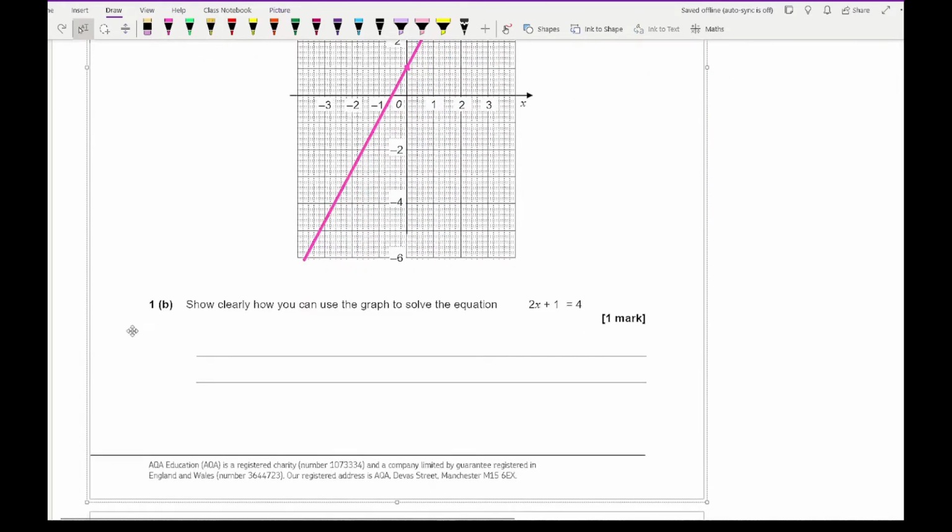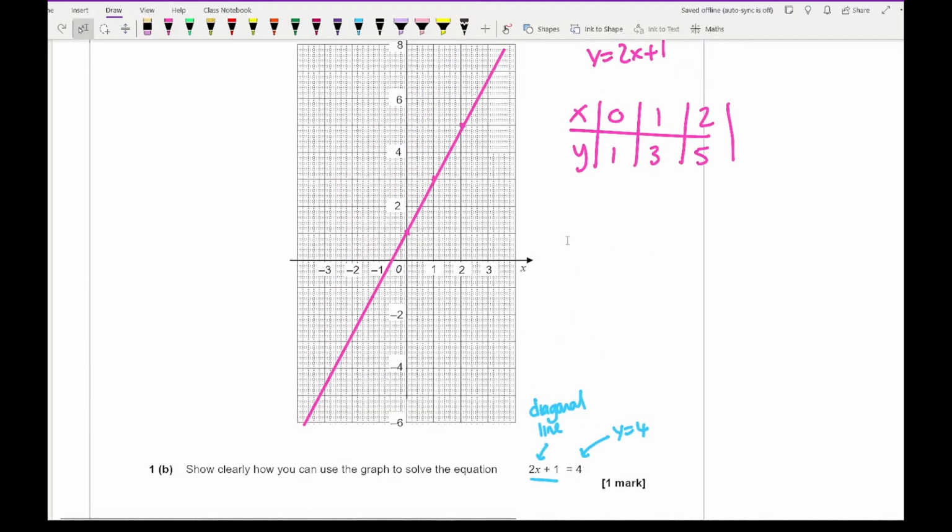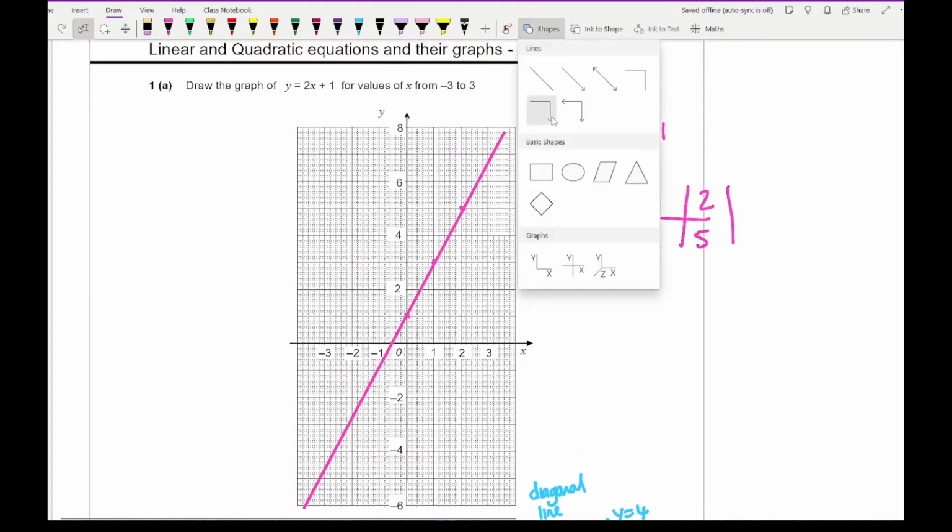Now the next part says clearly show how you could use the graph to solve the equation of 2x plus 1 equals 4. Now for these types of questions, this left hand side represents the straight line that you've just drawn, in other words the diagonal line, and what we need to do is plot y equals 4. Now y equals 4 is a horizontal line going through 4.